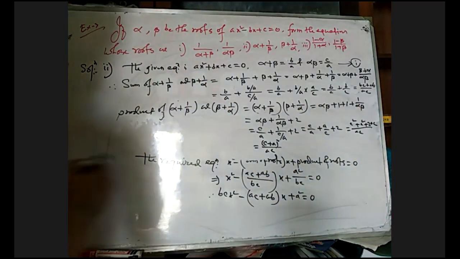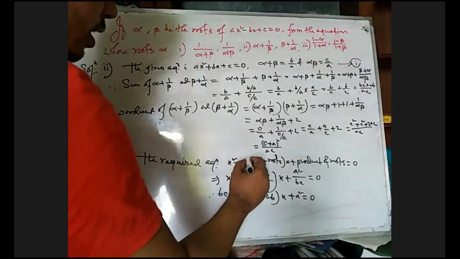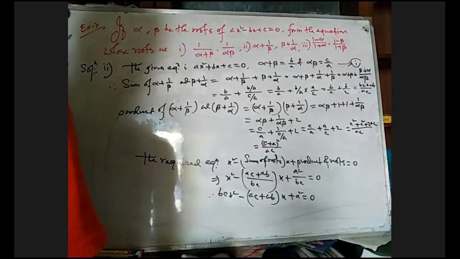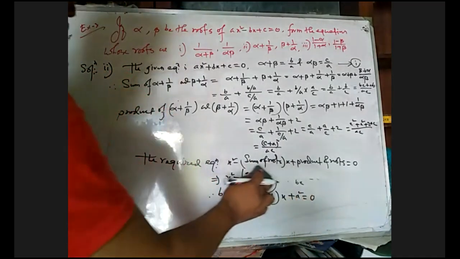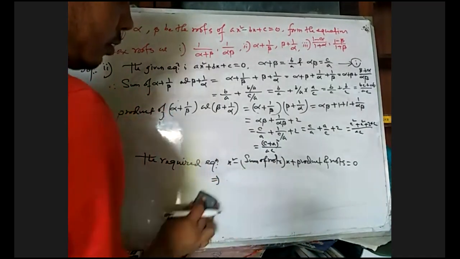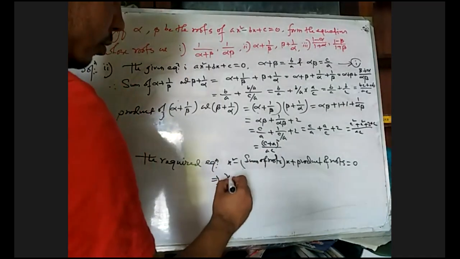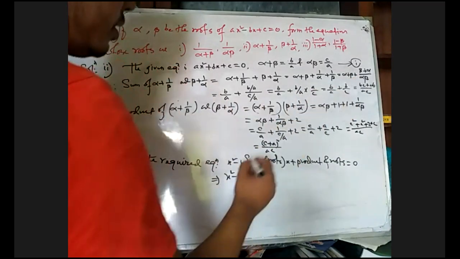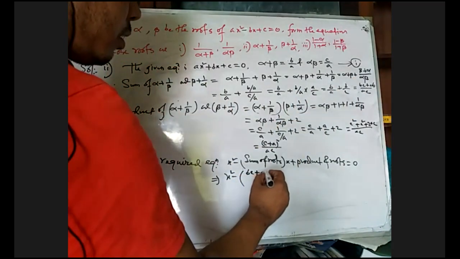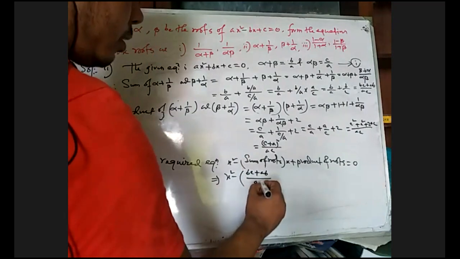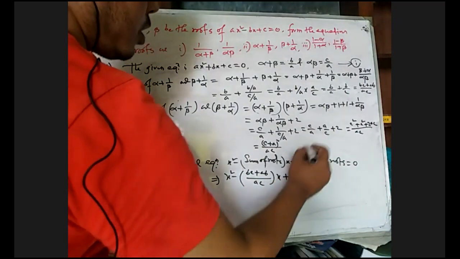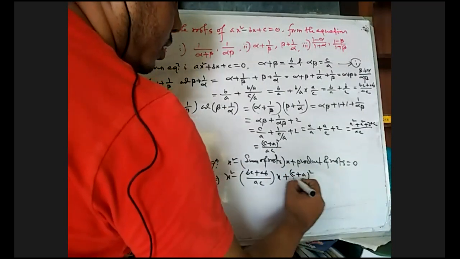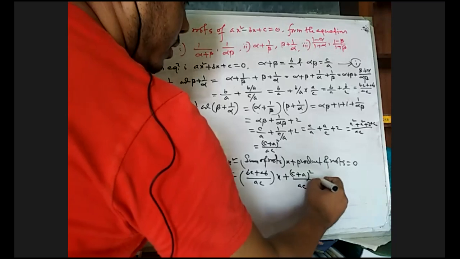Okay, so the required equation is x square minus sum of the roots into x plus product of the roots equals to 0. So x square minus sum of the roots, (bc plus ab) divided by ac, into x plus product of the roots, (c plus a) whole square divided by ac, equals to 0.